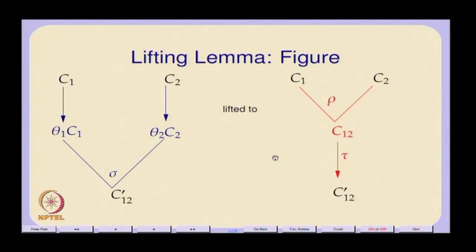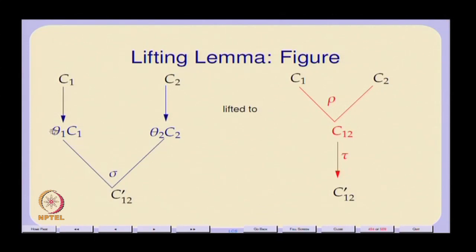We are going to use that in order to prove completeness. So, in particular, if theta 1 and theta 2 are ground substitutions, then this sigma is essentially an identity substitution, because you are essentially doing propositional resolution here.